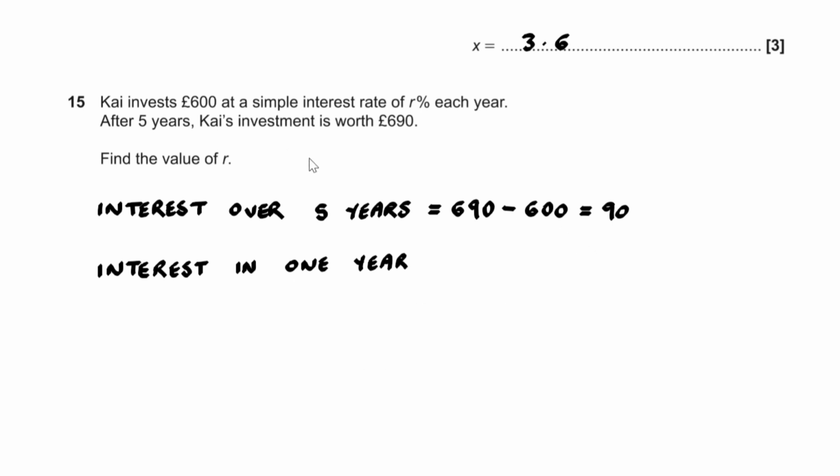The interest in 1 year would be R% of 600. So we have R over 100 times 600. 600 divided by 100 is 6, so R multiplied by 6.